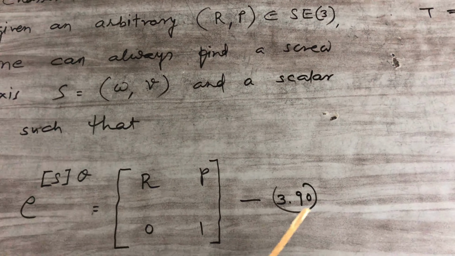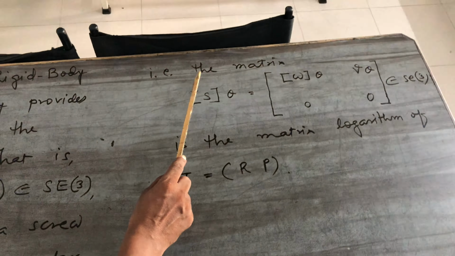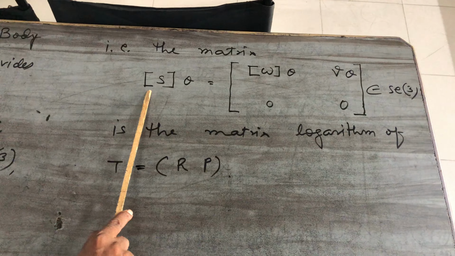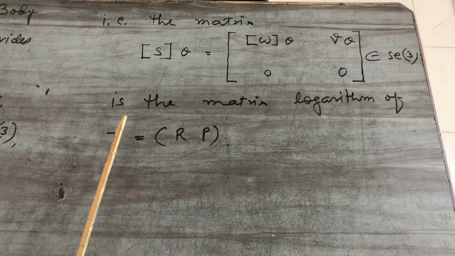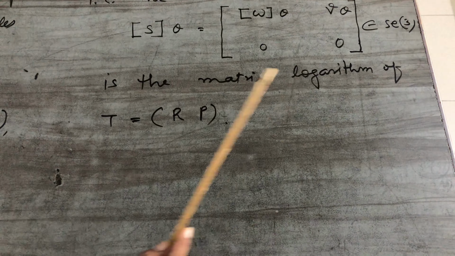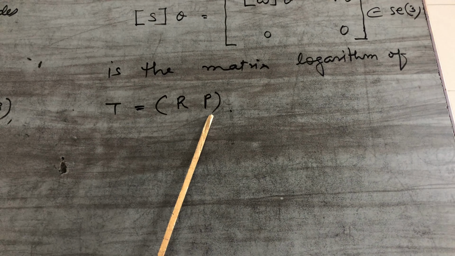Equation 3.90. That is, the matrix S theta, [omega theta, v theta; 0, 0], which belongs to se(3), is the matrix logarithm of T equal to (R, p).